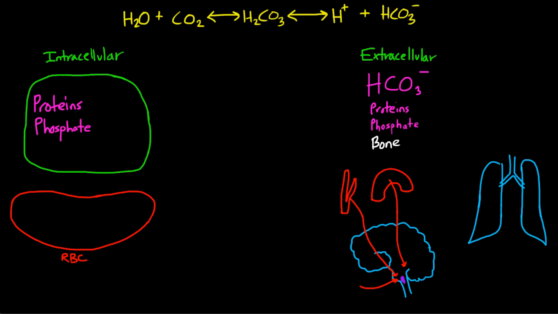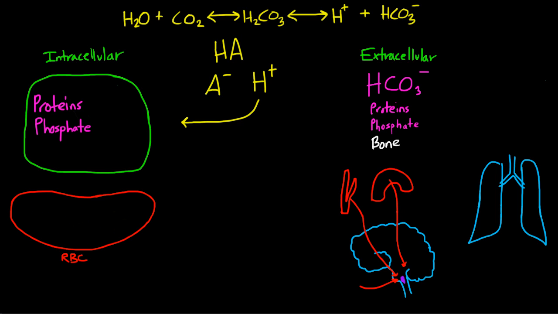So here's your body. Imagine that we just added an acid. We'll call it HA. But remember that this is going to dissociate into A minus and H plus. So we've just added hydrogen ion to the solution. As long as this is free, remember based on what I just showed you, it could affect the pH. Here are some different ways we can buffer this hydrogen ion. There are intracellular mechanisms and some extracellular mechanisms. First, some of the intracellular mechanisms.